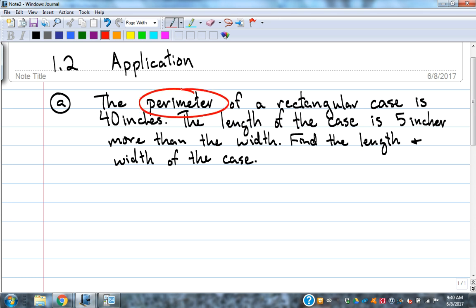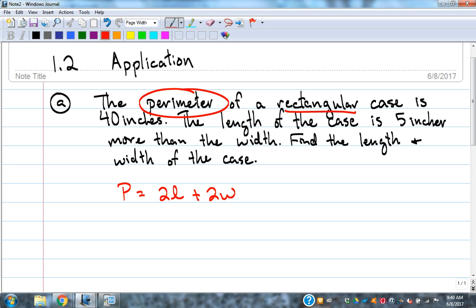The perimeter tells us that, hey, it's a perimeter of a rectangular case. So I know that the perimeter formula is, I don't ever remember it that way. I do this. That's the one I remember. 2 times length plus 2 times W. That's what perimeter of a rectangle is to me. Okay.